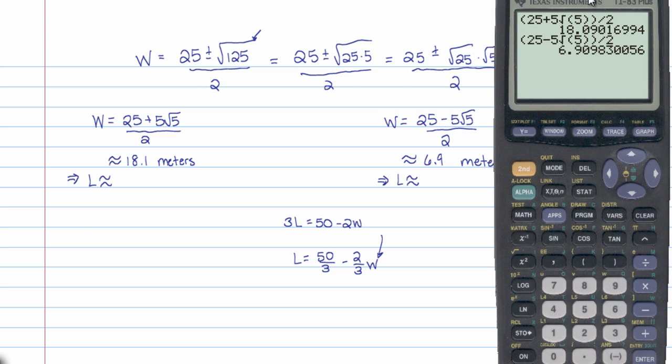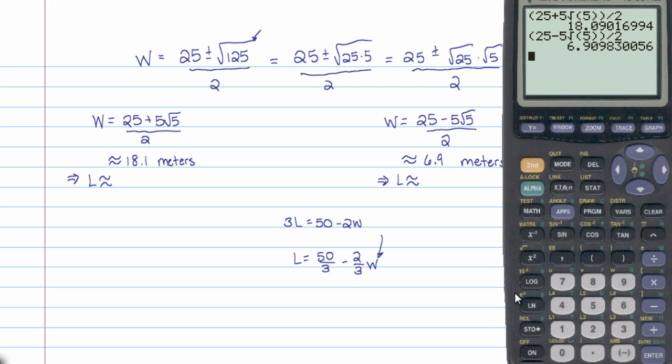Let me go back here. Let's back up. So we had 50/3 minus 2/3 times w. Now, we have 2 different versions of w. One of them is 18.09016994, and I would highly recommend using as many digits as possible. When you're doing approximations, it's great to use the exact value.